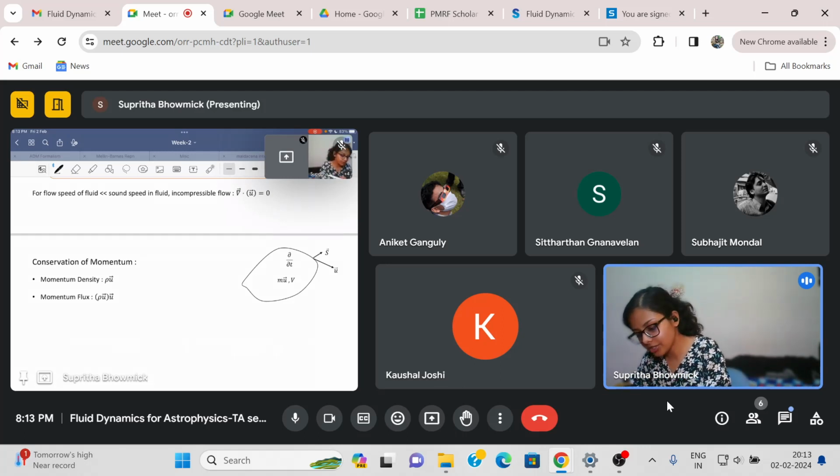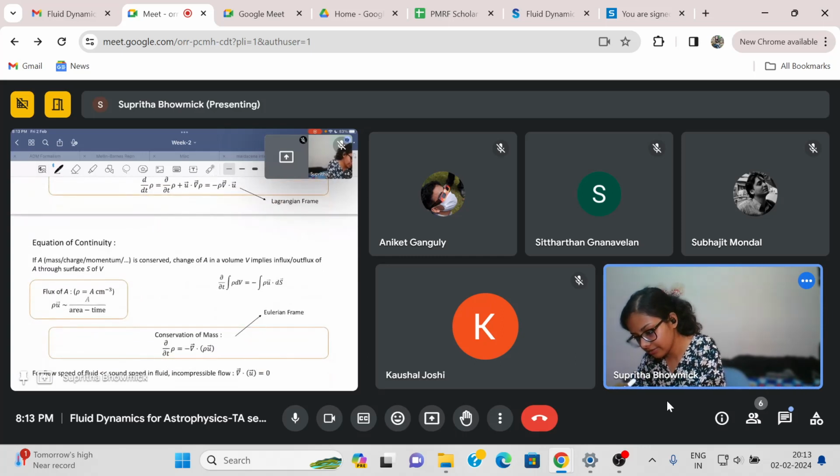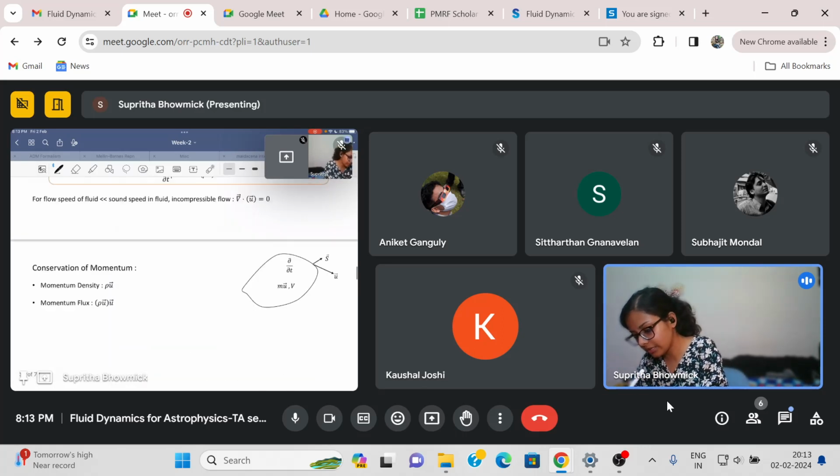More so because we just noticed that if you're working with any quantity A, then the flux of that quantity is going to be the volume density of that quantity times U. We do the exact same thing over here. We work with the momentum density rho U, right?